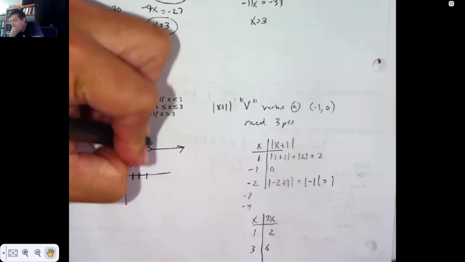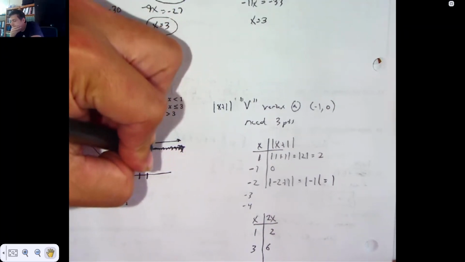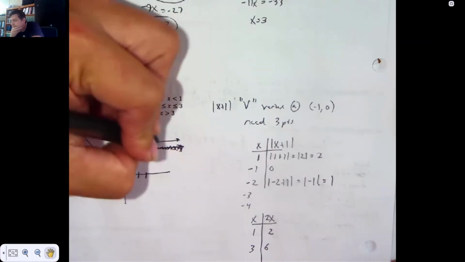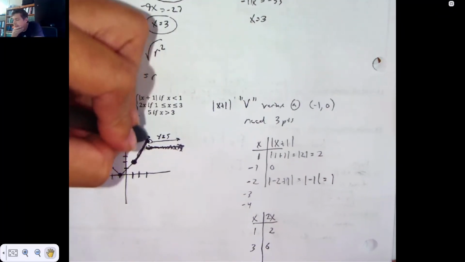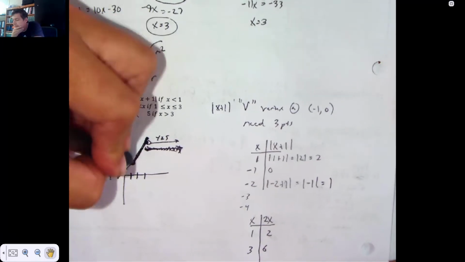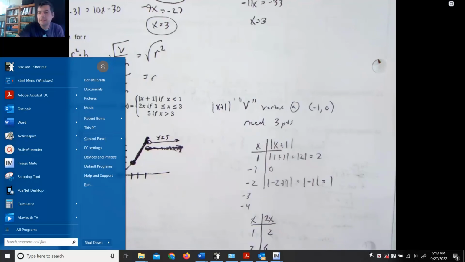This should actually be a little bit higher. Sorry, there's row-wise 5. I kind of missed it a little bit. But that's the gist of it. Should have given you graphing paper. Should have given myself graphing paper. There's the gist of it. I think that's it for this one.